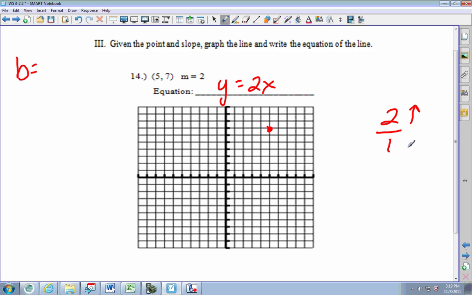Tells me to go up 2 to the right 1. Well, wait a minute. I need to go backwards. Down 2 to the left 1, down 2 to the left 1, and so on. There it is: 0, negative 3. So it's minus 3.